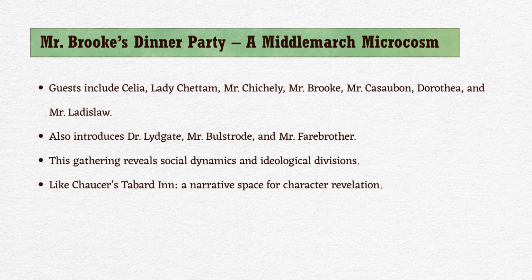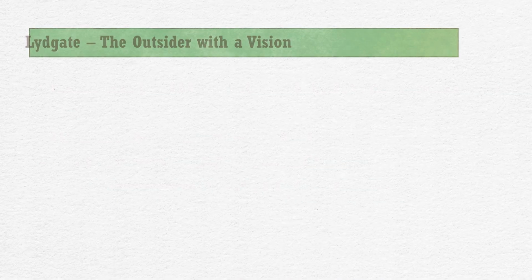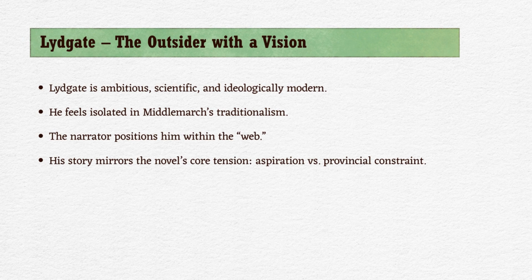From that dinner party, one figure emerges whose trajectory echoes the major themes we've already seen. Tertius Lydgate. Lydgate arrives in Middlemarch with grand hopes. He dreams of reforming medicine, contributing to science, and steering clear of provincial entanglements. But Eliot places him at a dangerous fault line between Enlightenment rationalism and Middlemarch's deep-rooted conservatism.